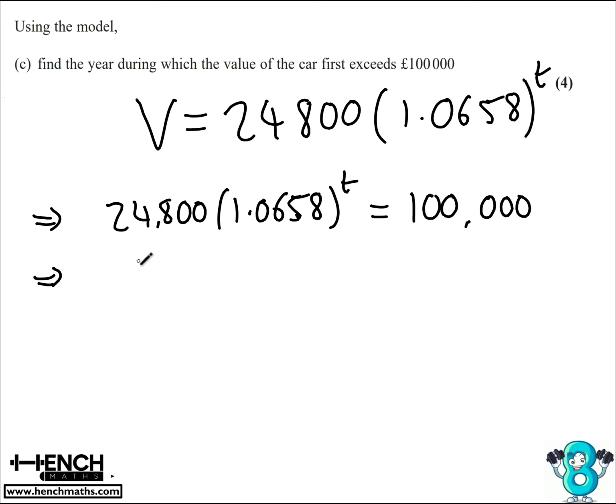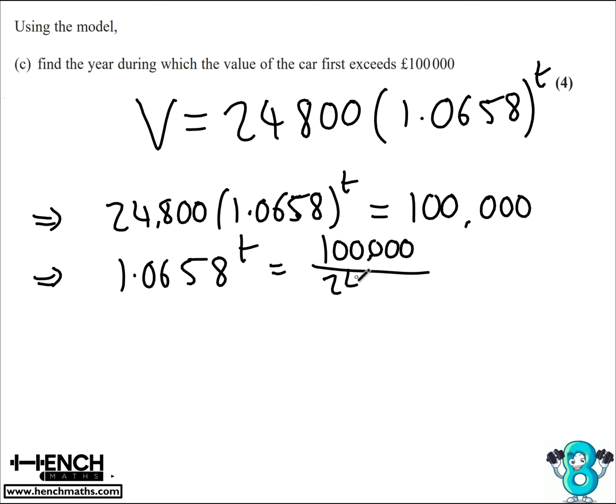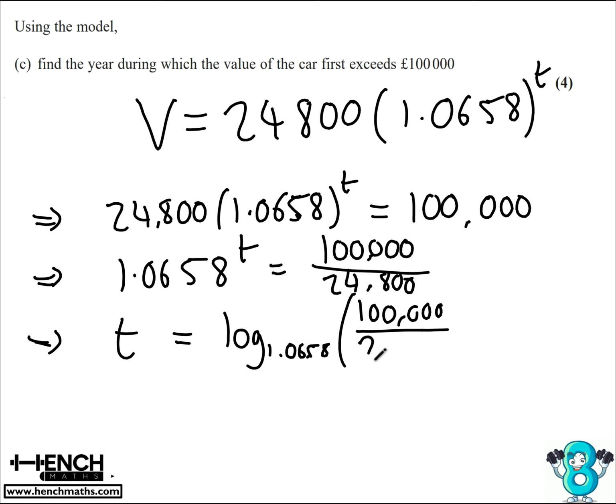Let's rearrange that: 1.0658 to the power of t will be 100,000 divided by 24,800. And we're going to have to use logarithms. So t will be equal to log, with base 1.0658, of this.